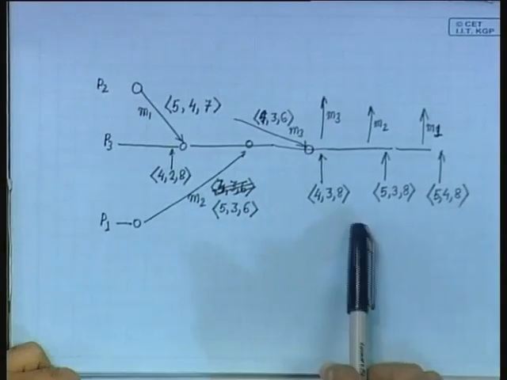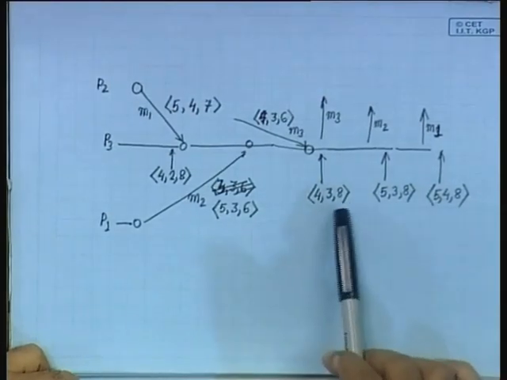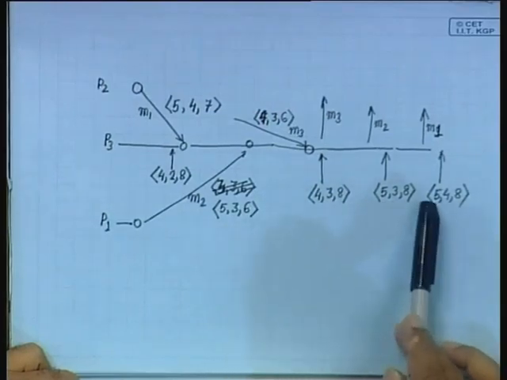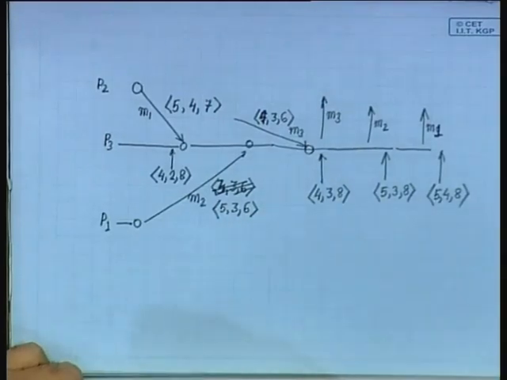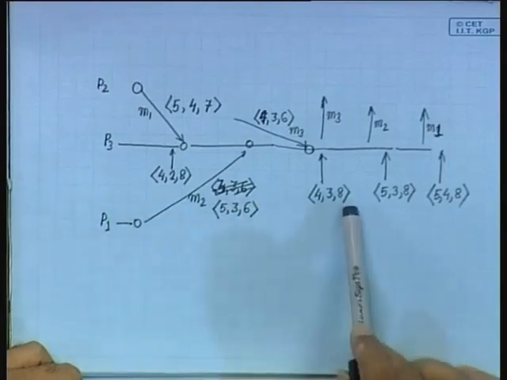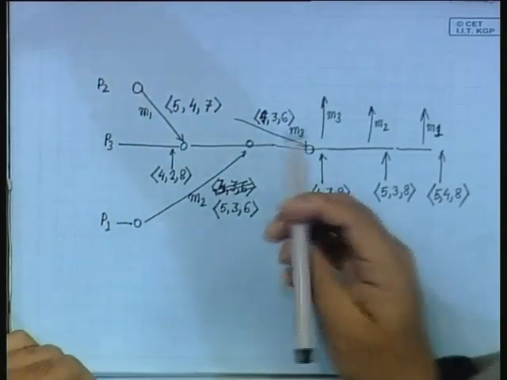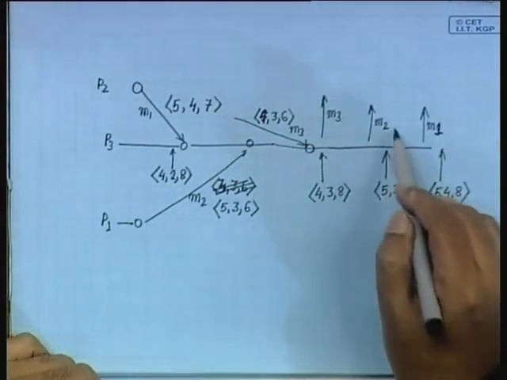Now see, it is very important to note that every subsequent timestamp is larger than the previous one, right. So that's how it should be. So 438, then 538, then 548, right. So though the messages were received as M1, M2, then M3, actually they are delivered M3 first, then M2, then M1.